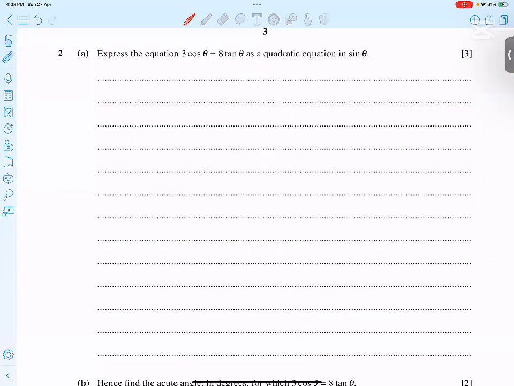Question number 2, we have to express this as a quadratic equation in sine. So 3 cos theta. And what is tan? You know, tan is sine over cos. So this multiplies there, and we got 3 cos squared theta equals 8 sine theta.